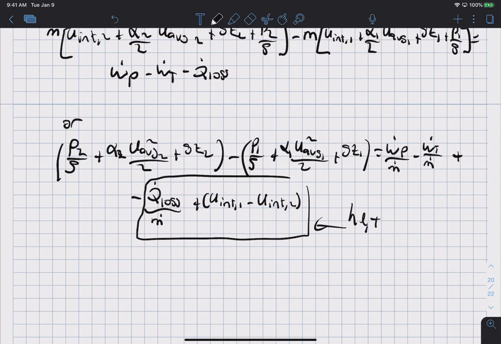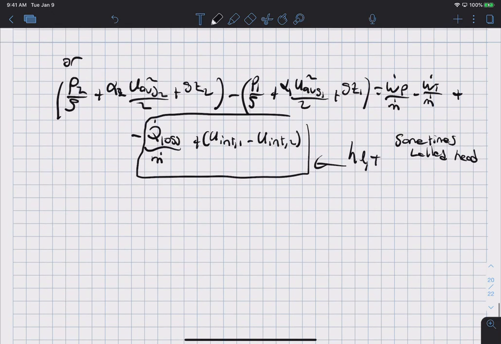Okay, and this is sometimes called head. Okay. So then I'm going to work with that, and I'm going to divide by g.